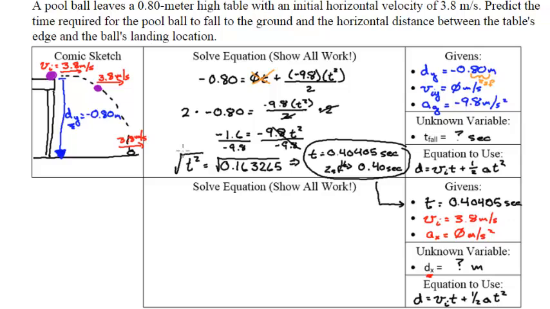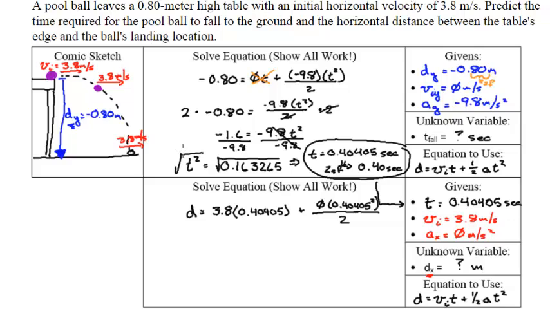Now, if I replace numbers for letters, I don't know what D is, but I do know that velocity initial is 3.8 meters per second times the time 0.40405 plus the quantity 0 times 0.40405 squared, all of that over 2.